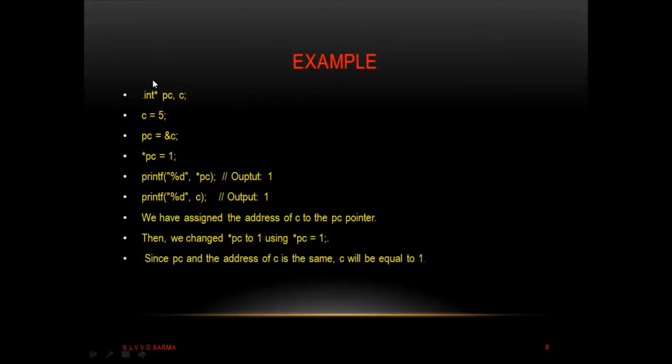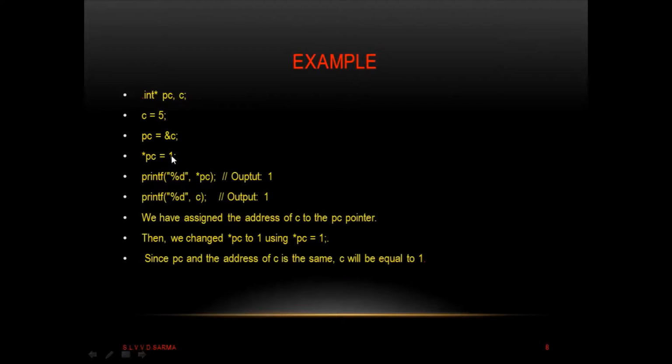Now here I declare the pointer variable PC and normal variable C. C equal to 5, so we assign 5 to the variable C. The address of C will be assigned to the pointer variable, and here, this is an important point, asterisk PC equal to 1.